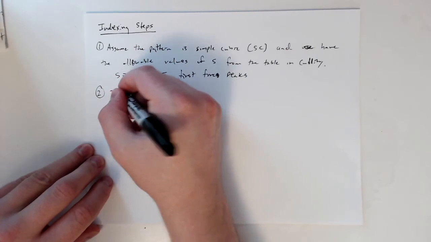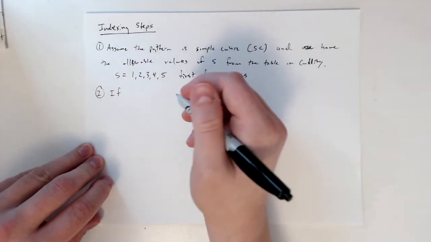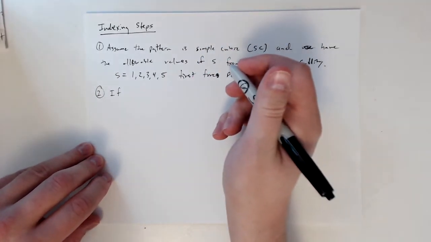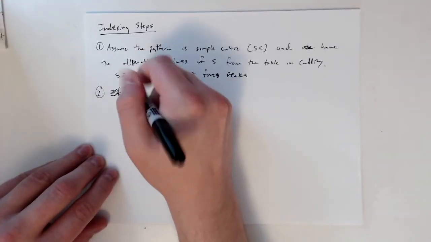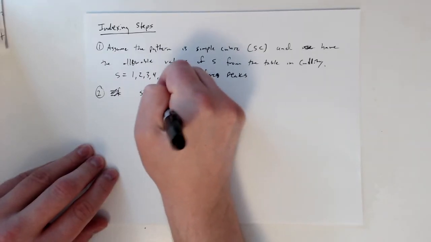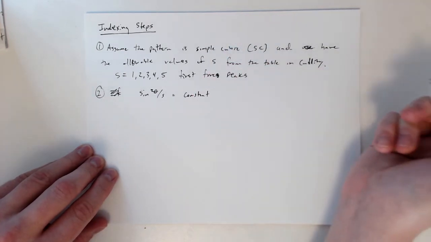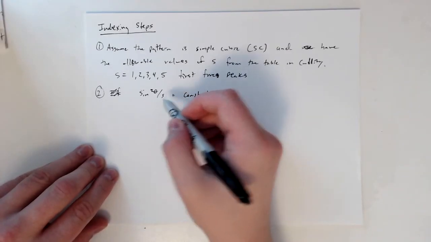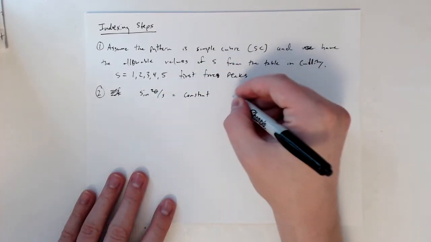So next, what we do is we check all the values for peaks. So we saw before sine squared theta over S is equal to a constant. So we've just got S values from the first step. Then we're also going to look at the theta values for each peak.